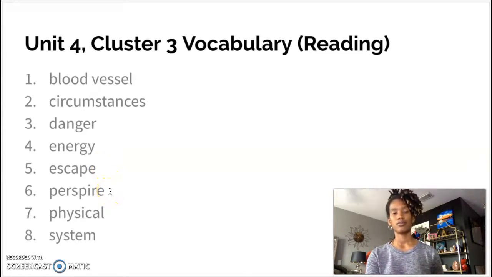Perspire. Physical. System. Okay, so we have our 8 vocabulary words for Unit 4, Cluster 3.